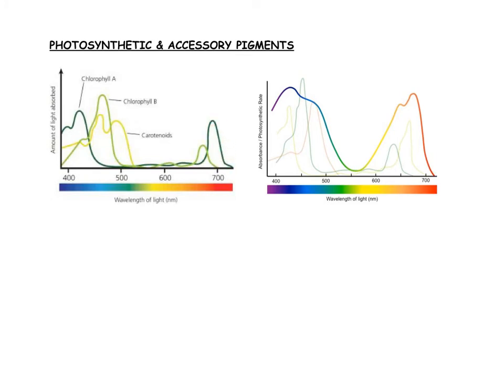So that is where it's going to make the best use out of light's energy. It's going to take the wavelengths of light that are the low end and the high end of the visible spectrum, but it can't really do much with all of those wavelengths that are in between. So that's a problem because we want to make the most out of the light energy that's available to the plant. So that's where our accessory pigments are going to come in.